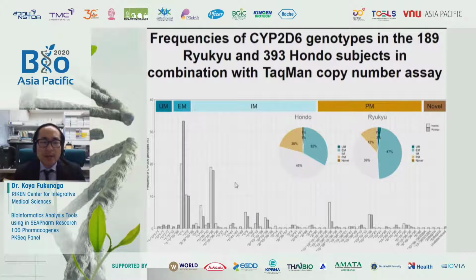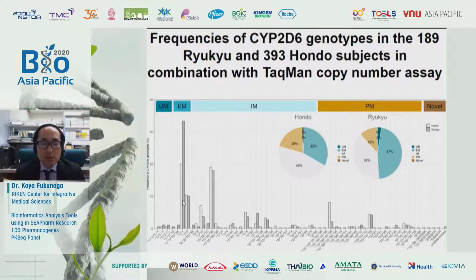And I compared the frequencies of CYP2D6 genotypes and phenotypes in the Ryukyu and Hondo subjects. Hondo means except for Ryukyu. The x-axis shows the genotypes, and the y-axis shows the frequency.